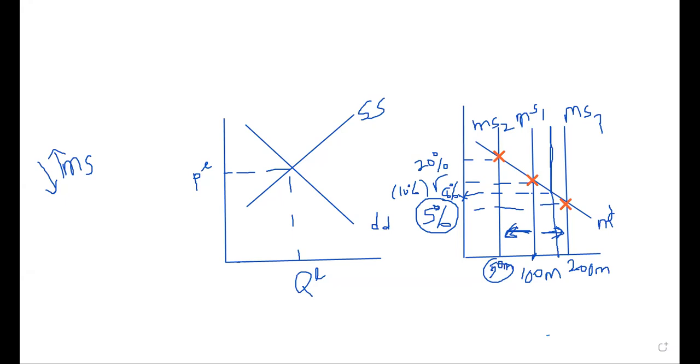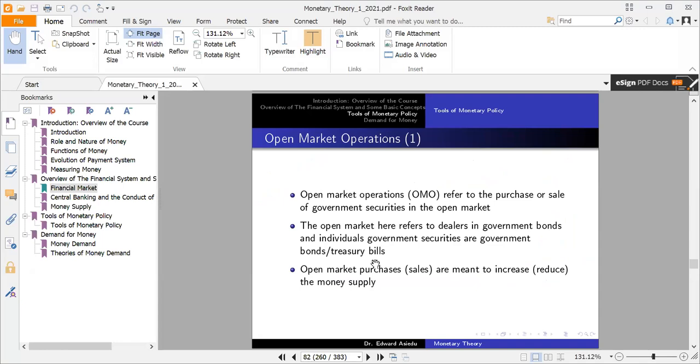So what we have, open market sales, we are focusing on the sales. Open market sales, the selling of government bonds and government securities, will reduce the money supply. I'm saying that again: open market sales, the one in the bracket, which is a sale, will reduce money supply.